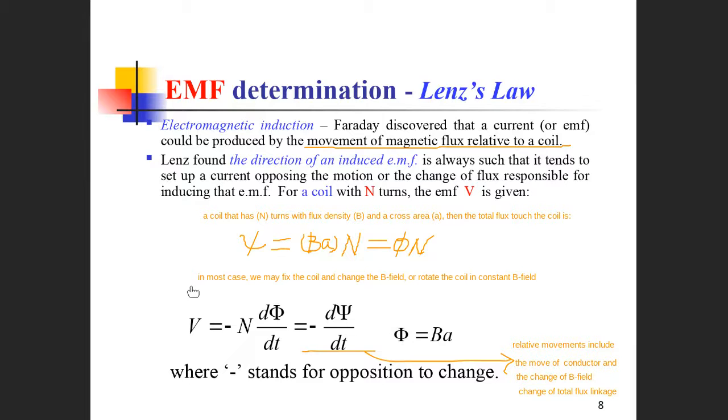Okay, so in practice we may have two cases. We may fix the coilers and change the B field, particularly in the AC circuit, with the coilers fixed but the current changing. This changing creates the electromotive force, which we can see as a voltage drop. Or we rotate the coilers in a constant B field.